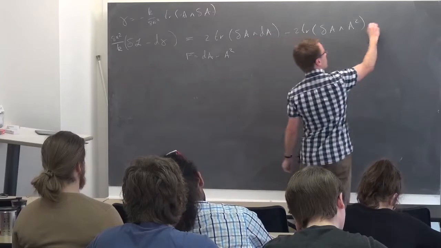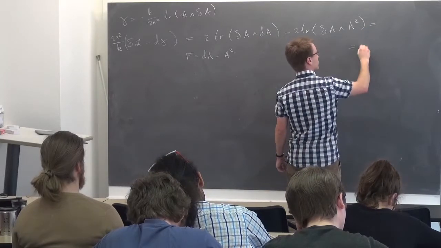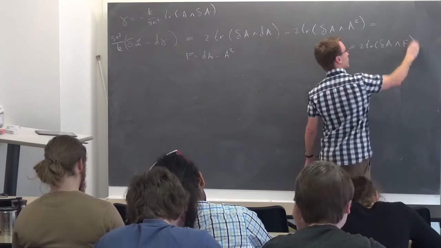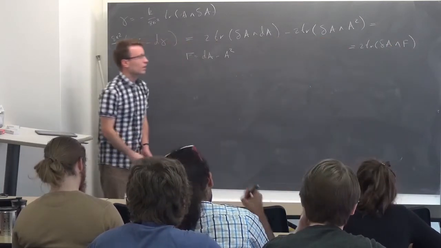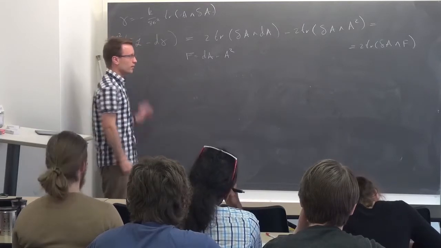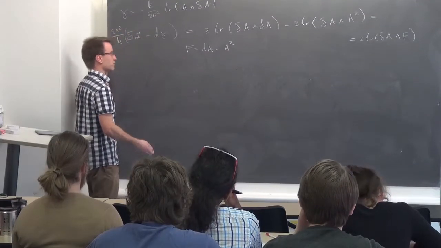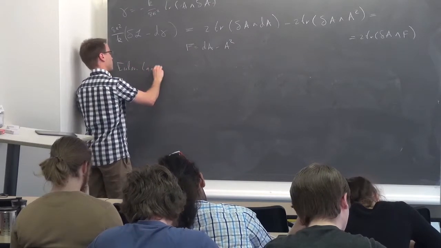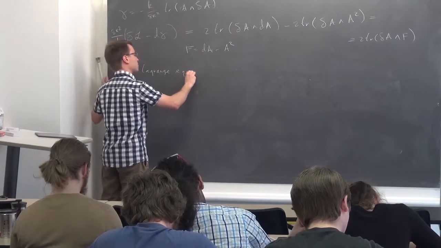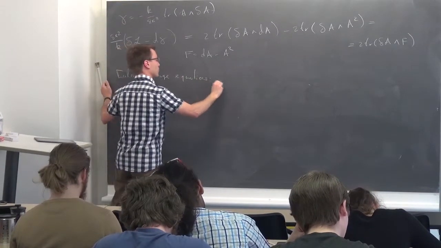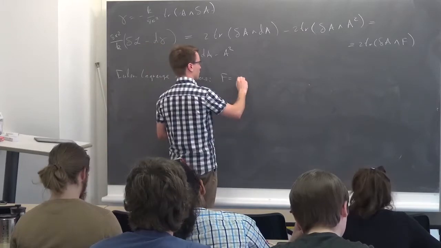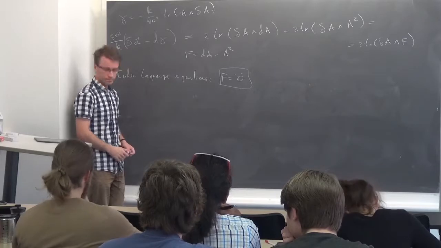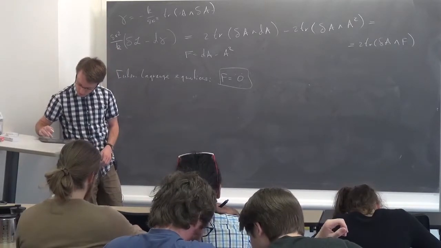So you can rewrite this as 2 trace of delta A wedge F. And so if delta A is arbitrary, the Euler-Lagrange equations are just F is 0. Again, exactly like in the abelian case.